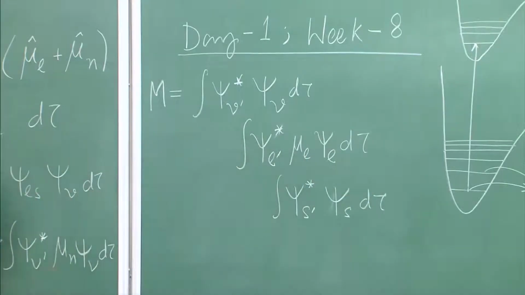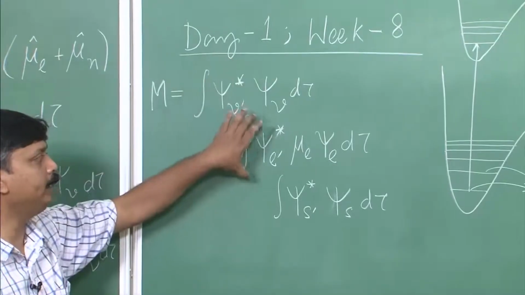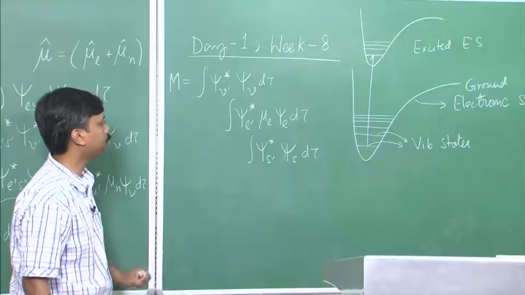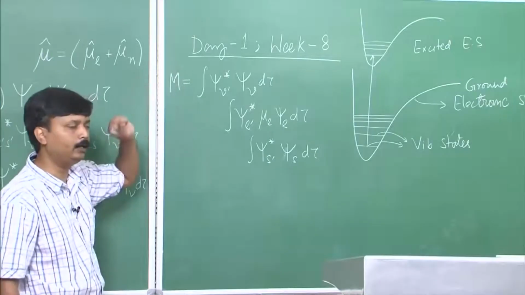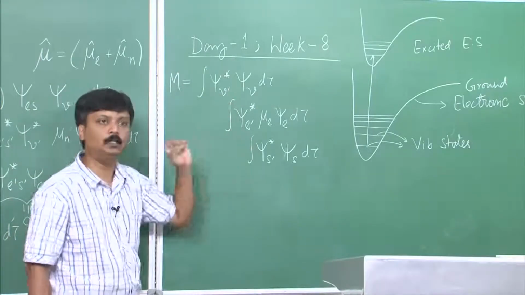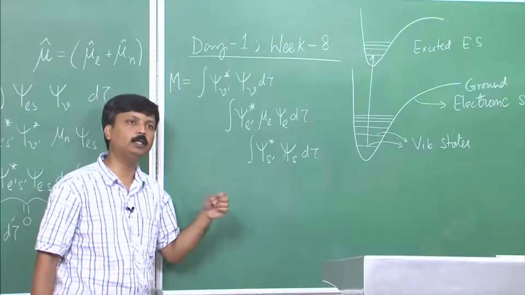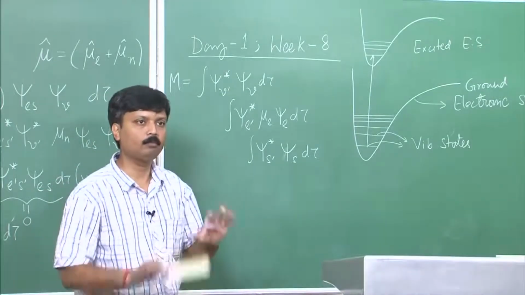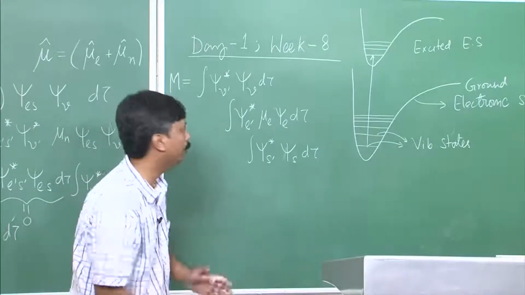So we ultimately got three integrals, the product of three integrals, as my transition moment integral. Now if any of these integrals is 0, then overall the transition is forbidden. That I can say at this moment, right?